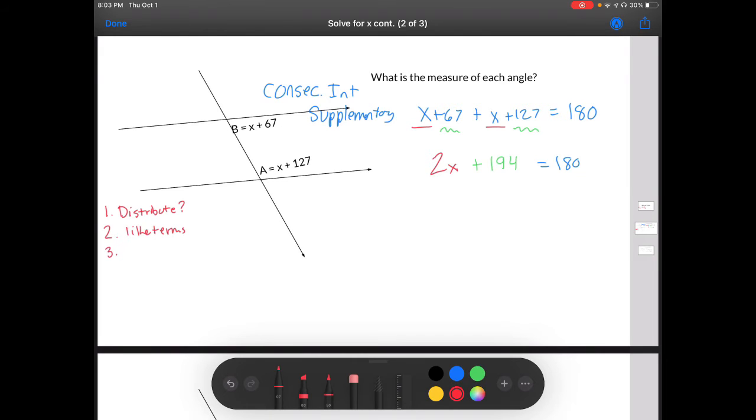Third thing we look for is, do we need to move the variables together? We only have one variable, so we don't need to move anything. And now we check for adding or subtracting. We do have that plus 194. The opposite of adding 194 is to subtract 194.